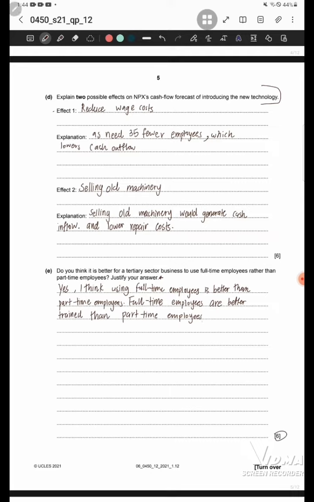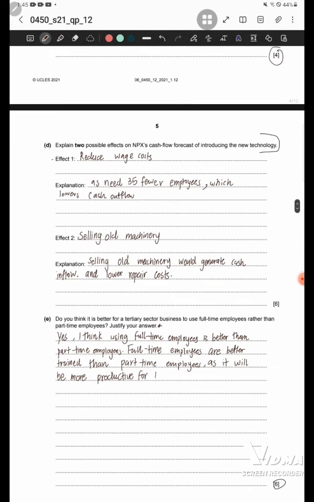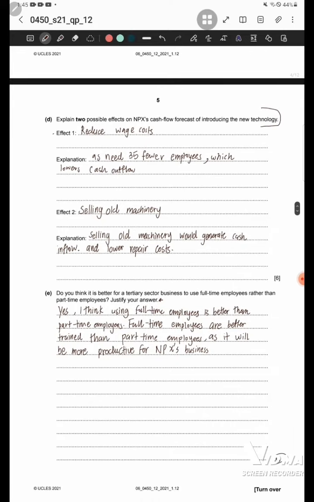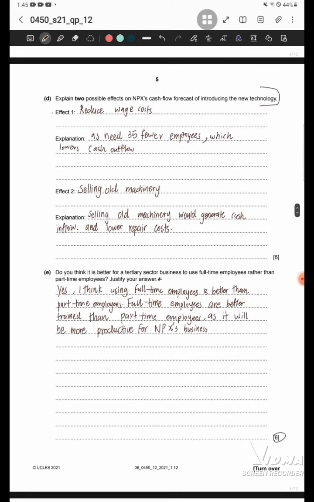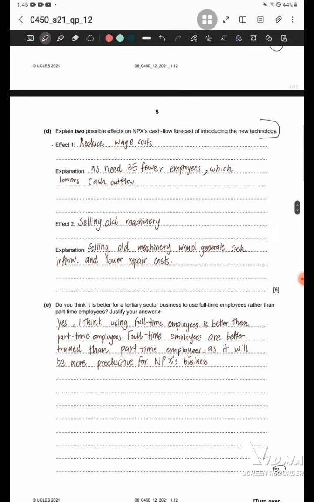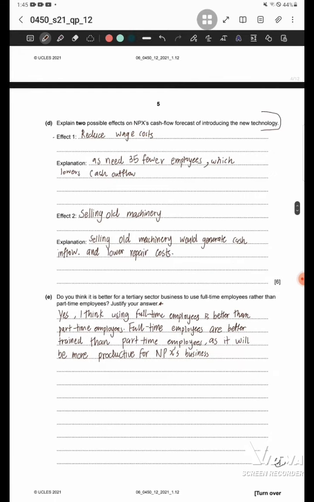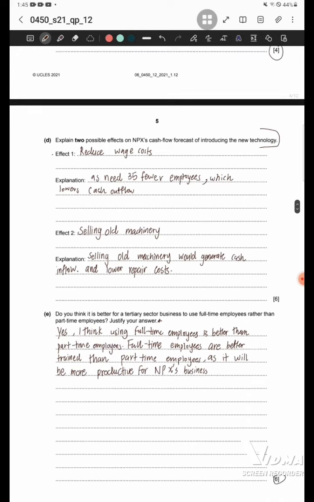So why is it useful? Because it will be more productive for MPX Business. When employees are better trained, they contribute better to the business, which minimizes mistakes, and it will cost you less, because less trained employees usually tend to make more mistakes, which will cost the business.